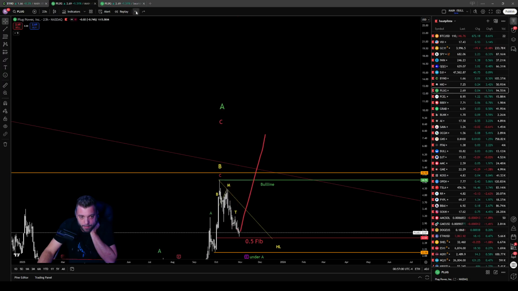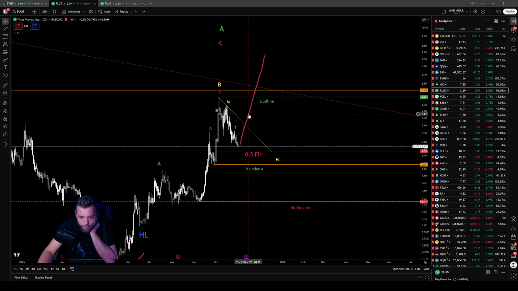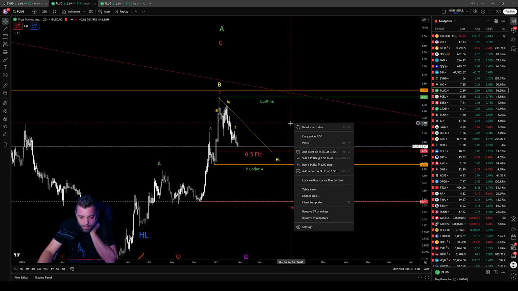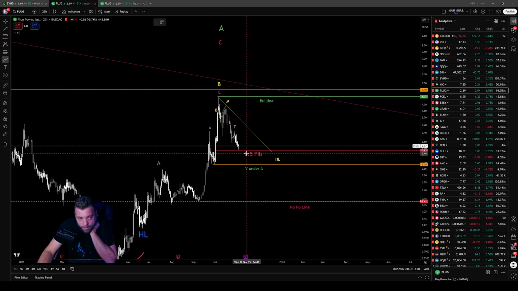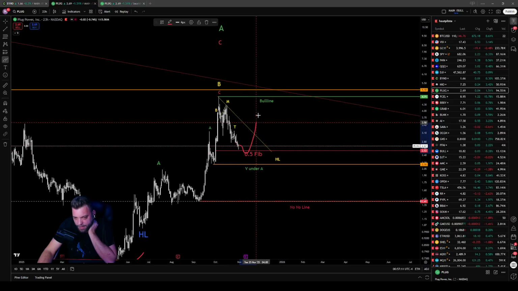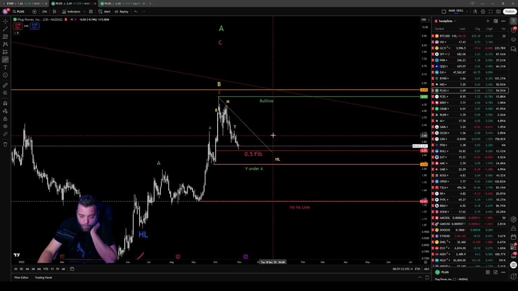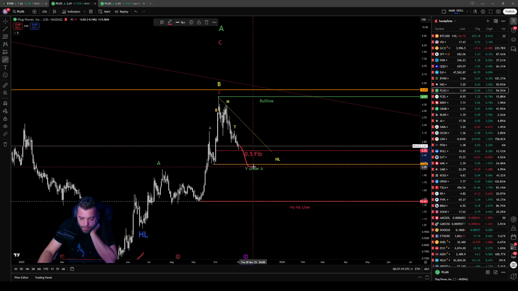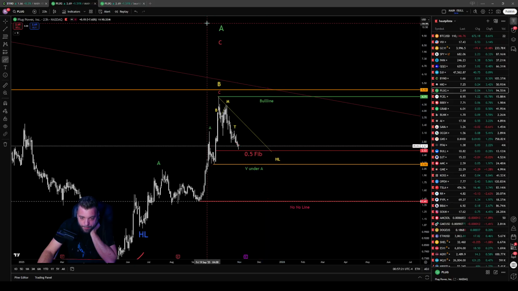Second bullish version would be, you still have to come down a little bit and touch the fib or go a little bit under it, and then you go up. Or you do your V and A, higher low, and then you go.